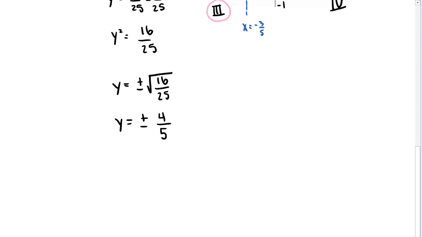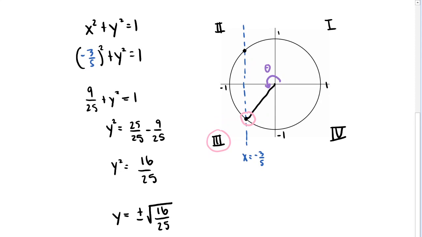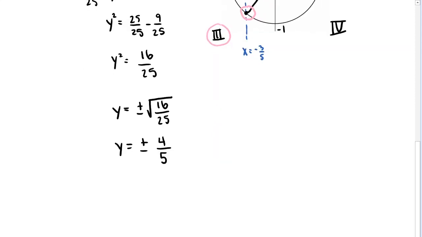Plus or minus 4 over 5. Well, in this picture, what's the y value of this point? We know it's negative, right? It's below the x-axis. So we're really dealing with negative 4 over 5 here. So this point is the point negative 3 over 5, comma, negative 4 over 5.